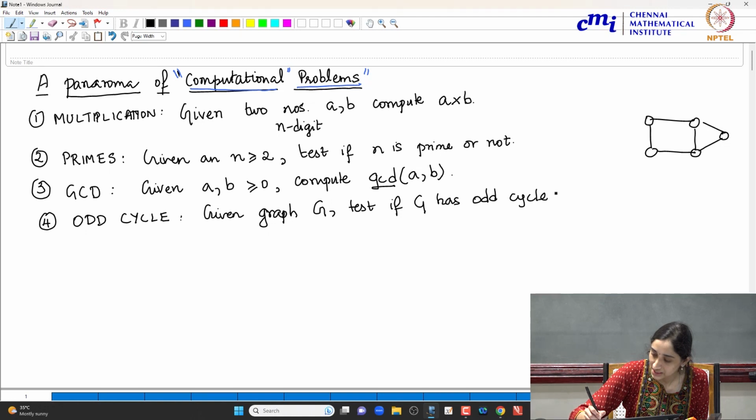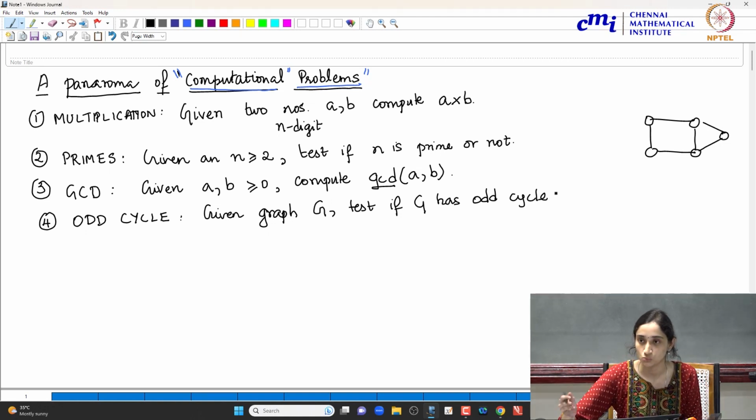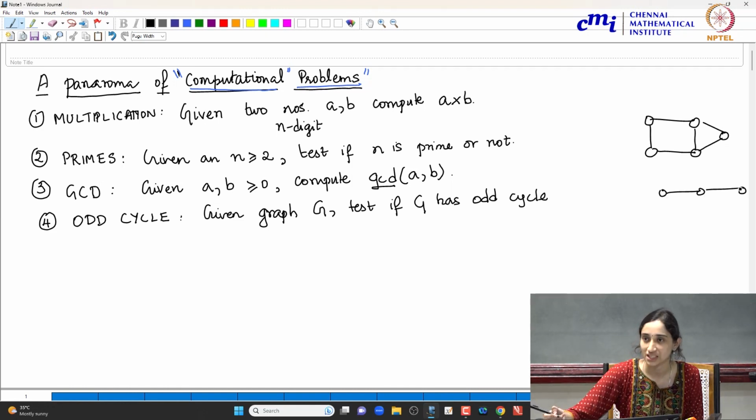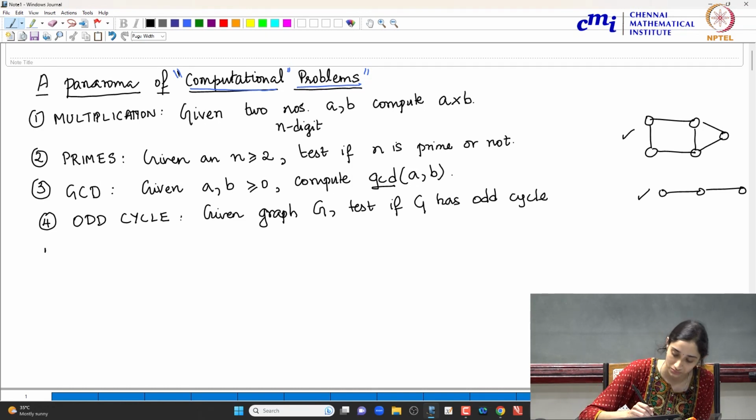So what I mean by that is, does it have a cycle of length 2k plus 1 for some k? Right? So this is a graph that has an odd cycle. This is a graph that does not have an odd cycle. Right? So if I consider this a yes answer and this a no answer to the problem.